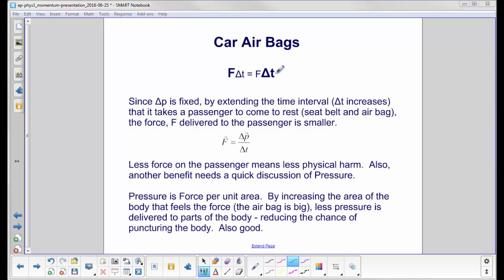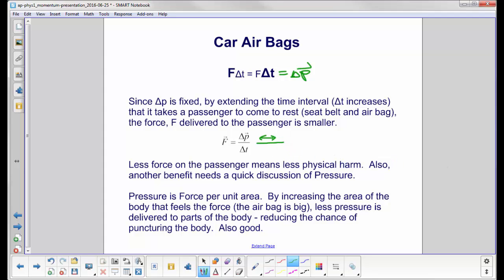We have the impulse momentum equation up here, where F delta T is equal to the change in momentum. And we did a little rearranging on the last page, and we had force is delta P over delta T. So delta P is fixed. So we just draw a little horizontal line there showing that it's fixed.